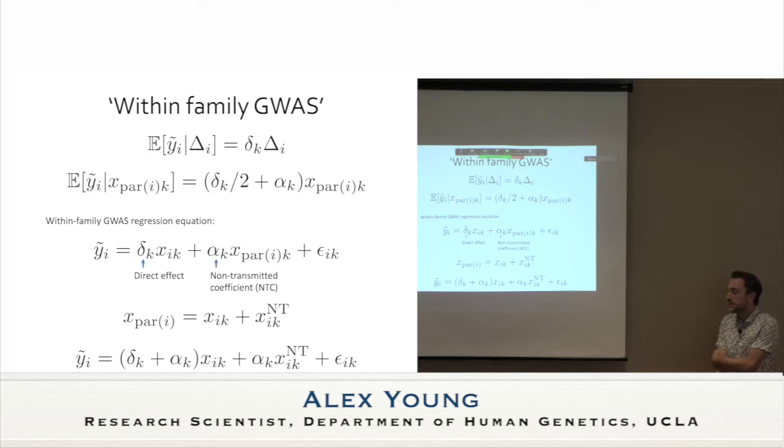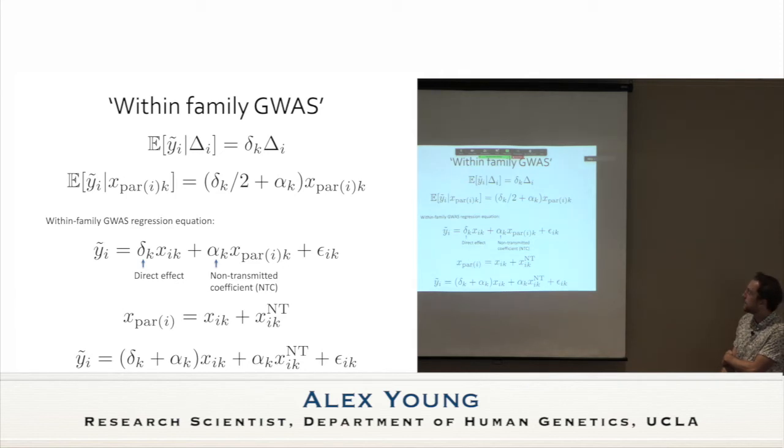Yeah? Could you explain again how you go from the 2 equations at the top to the within family regression equation? Well, they're 2 independent regressions. So the joint regression is just the sum of these 2 things. And then if you have a joint regression, then the residual is uncorrelated with whatever you've done the joint regression on.